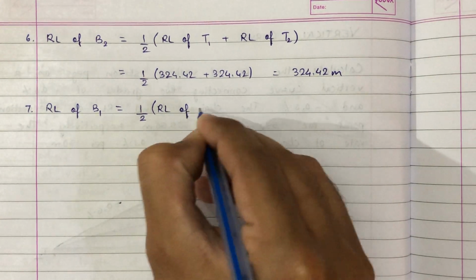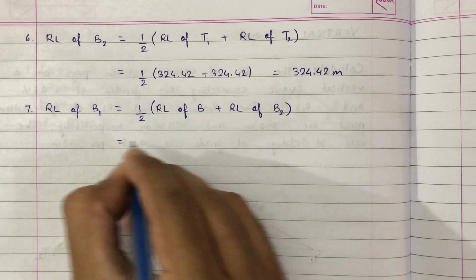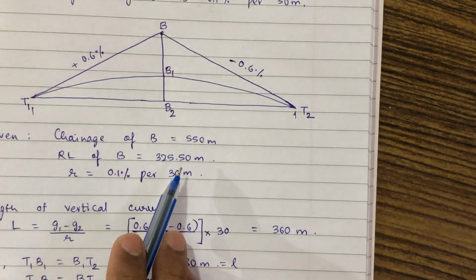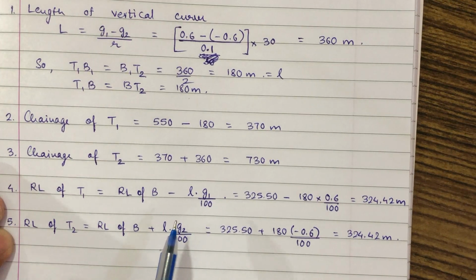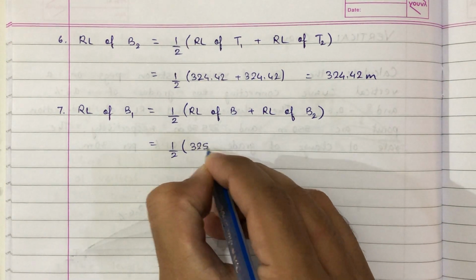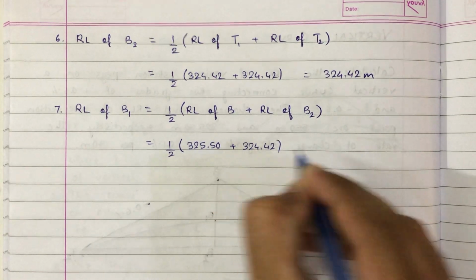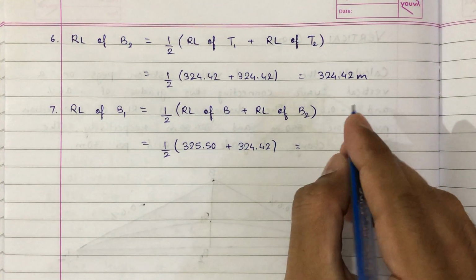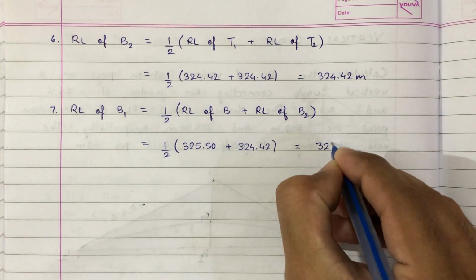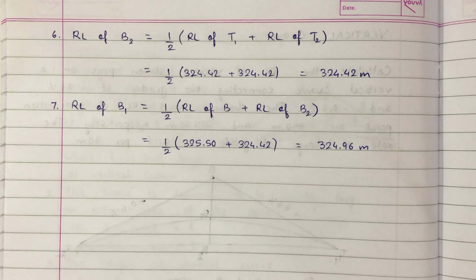RL of B is already given to us, it is 325.5, and RL of B2 we have calculated over here, that is 324.42. So this will be half of 325.5 plus 324.42, and this value of RL of B1 comes out to 324.96 meter. Okay, this is the value for RL of B1.